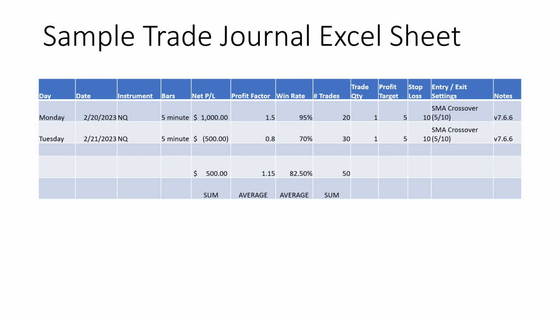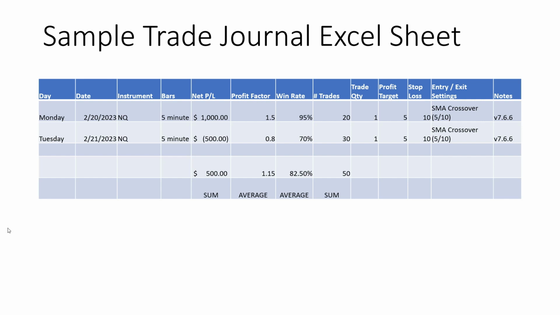And you enter your exit settings and any notes about those, and any other specific notes you want to add, like maybe a certain version of the strategy you're using, or any particular abnormalities that day, or maybe something that happened, like your computer lost connection for an hour and the results are not typically normal. It's anything that you think might be helpful when you're looking back at your journal. That's where you'd want to add in the notes.